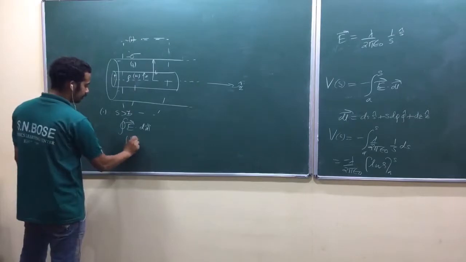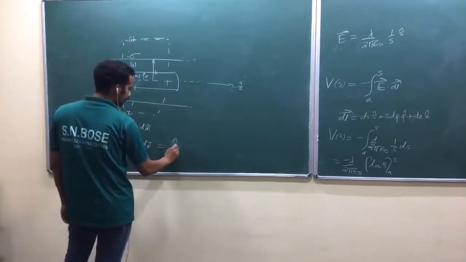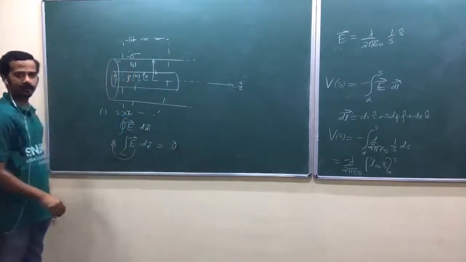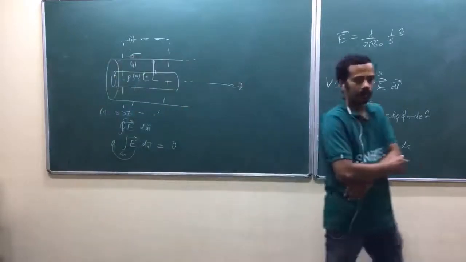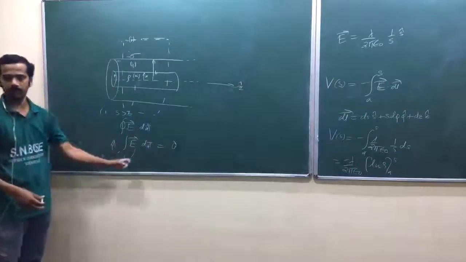So that is the integral of electric field dot dA vector over the curved surface, equal to Q enclosed, that is 0, and it will come out. Electric field will be along dA vector, and electric field depends only on axial distance. That's why it will come out.